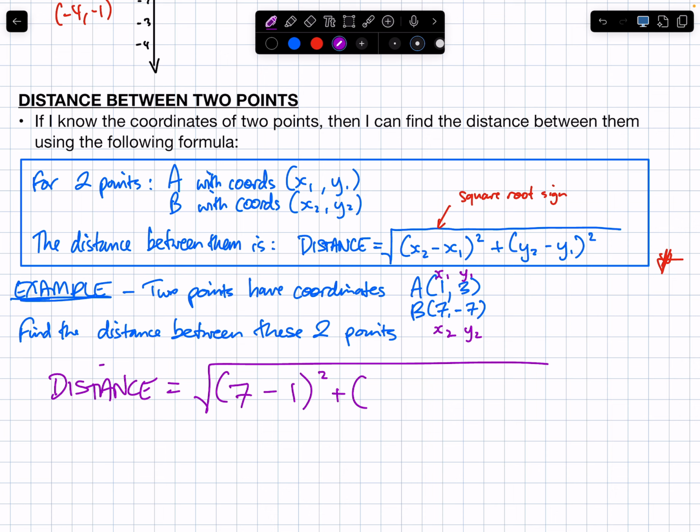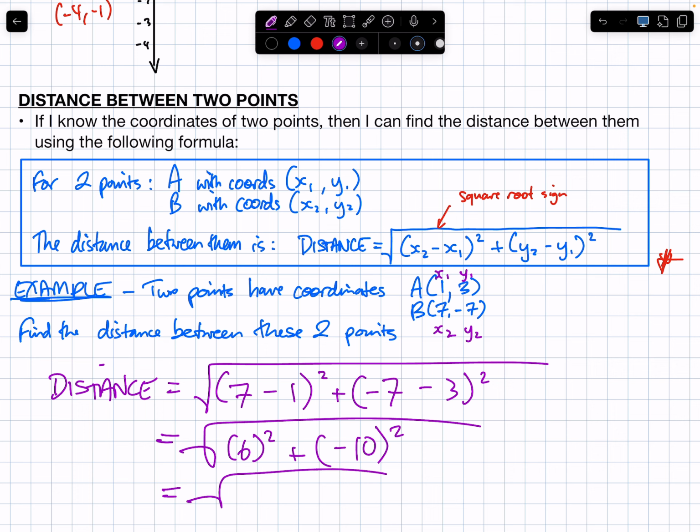Plus y2, what am I going to put for y2? -7, take 3 squared, second line of working. 7 take 1 is going to be 6 squared plus -7 take 3 is going to be -10 squared. 36 plus 100. So that's going to be root 136.